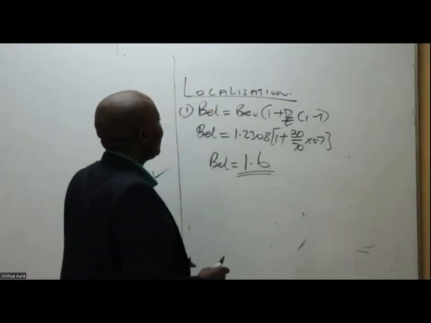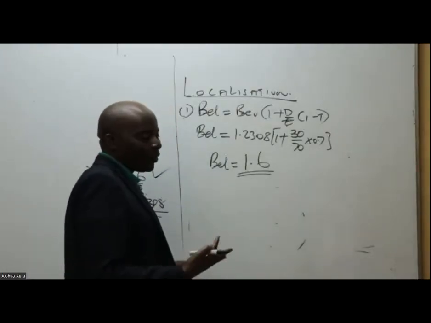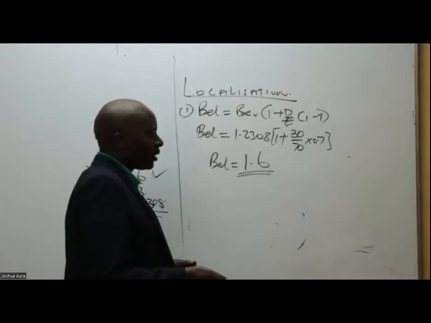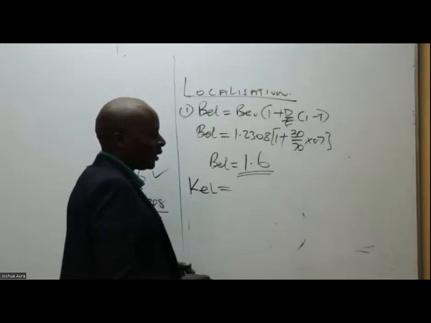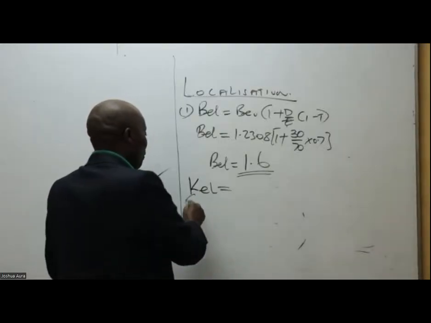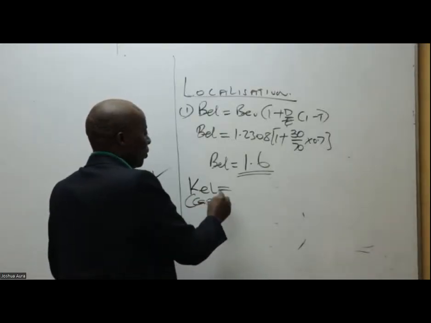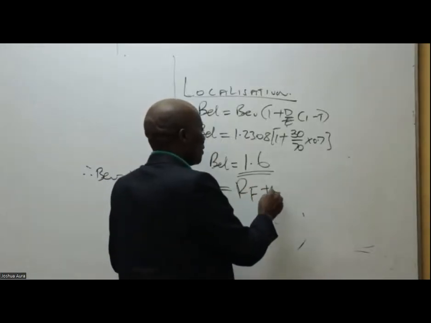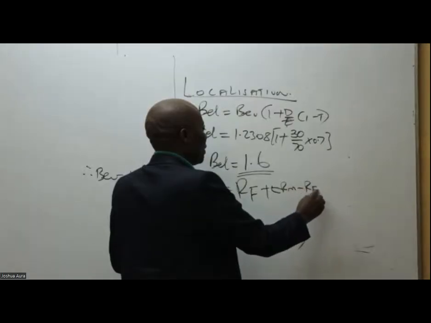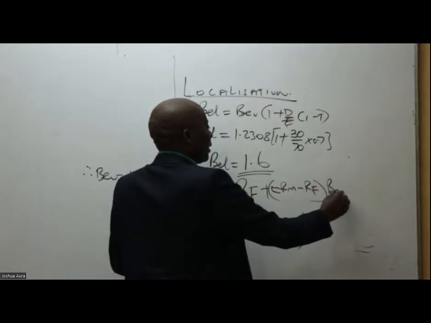So after localization, still on Roman 1, the next thing should be CAL. For CAL, we are using CAPM. So CAPM is risk-free plus expected return of the market minus risk-free multiplied by BEL that we have just obtained.